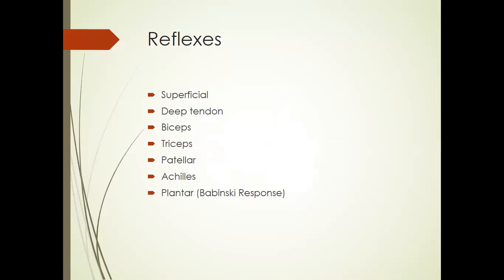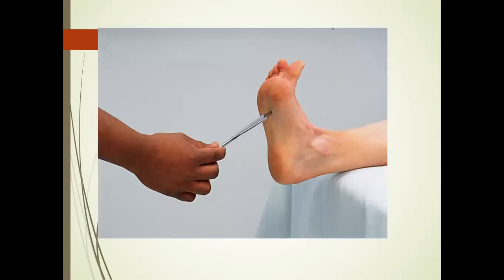Reflexes. Reflexes are the superficial reflexes and deep reflexes like biceps reflex, triceps reflex, patellar reflex, Achilles tendon reflex, and plantar reflex, which is called Babinski response. You can see this picture for the plantar reflex.